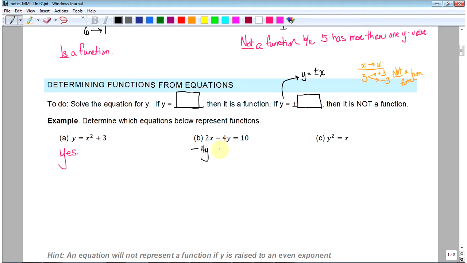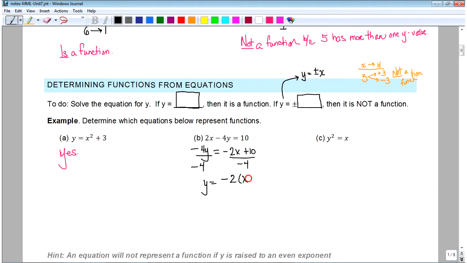So we'll have negative 4y is equal to a negative 2x plus 10. And now I'm going to divide both sides by -4. To simplify this, although we can get our answer just from looking at it at this point, I'm going to simplify it a bit nicer. I'm going to factor a -2 out of the numerator.